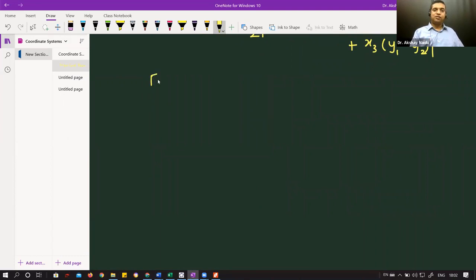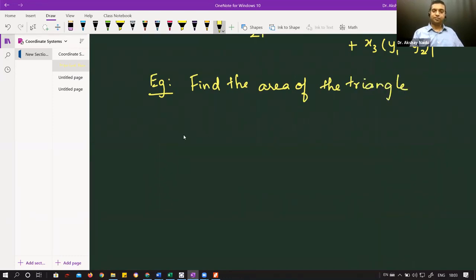Find the area of the triangle formed by 3 points.